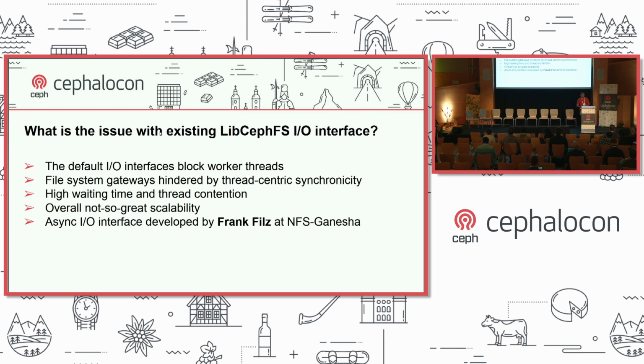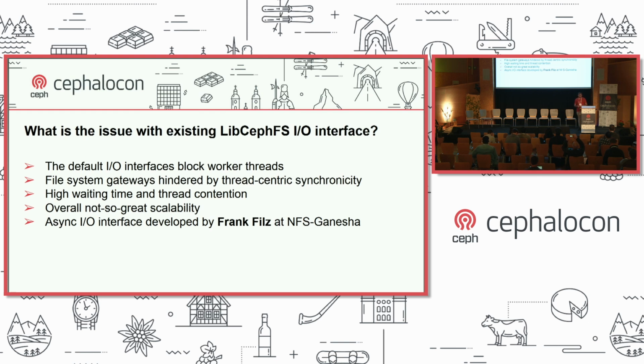So the major blocker is that the default interfaces are all blocking in nature, meaning that there would be a problem for file system gateways like NFS-Ganesha because of the synchronous behavior. This leads to high waiting time and a thread contention.